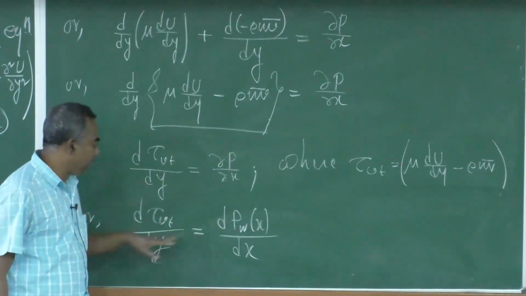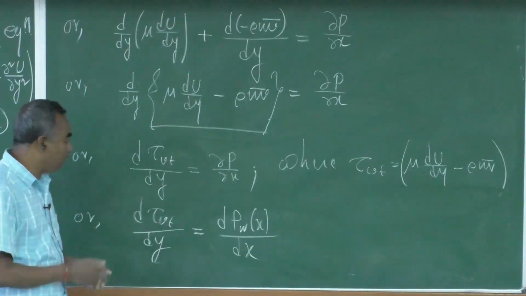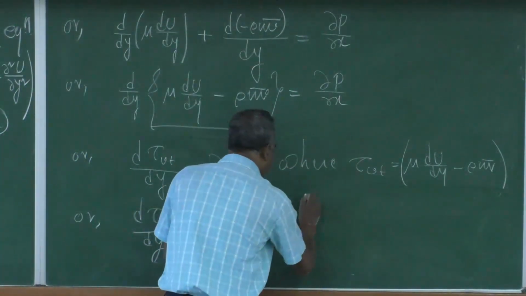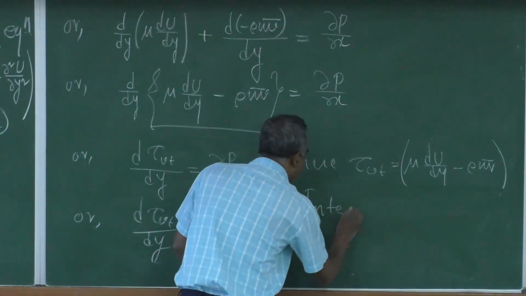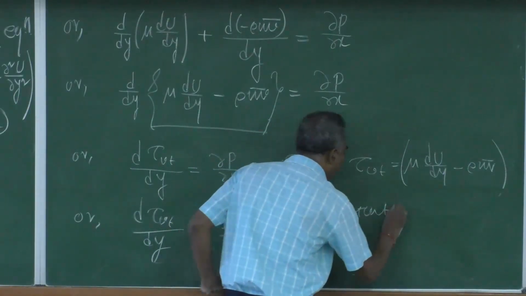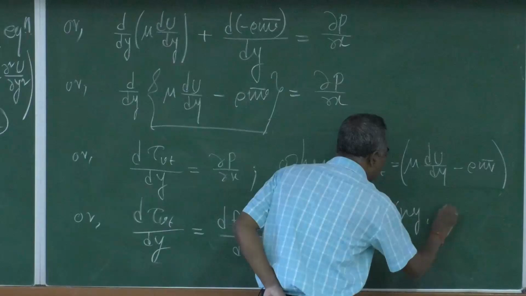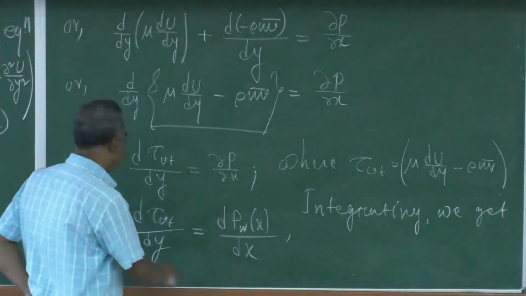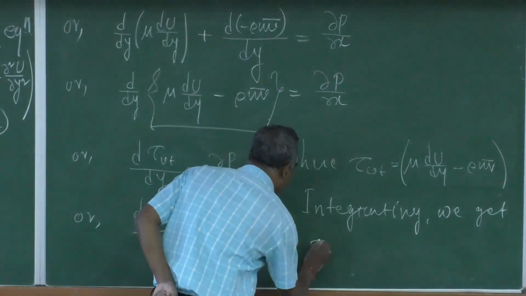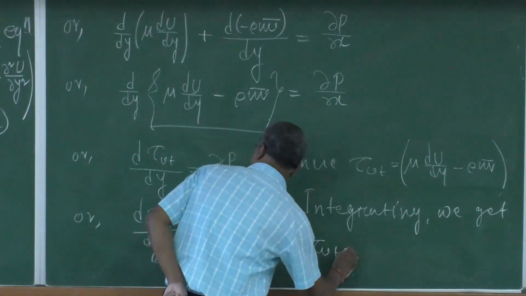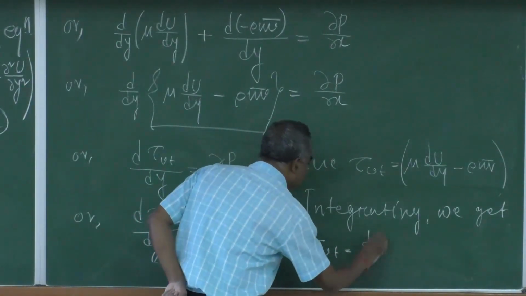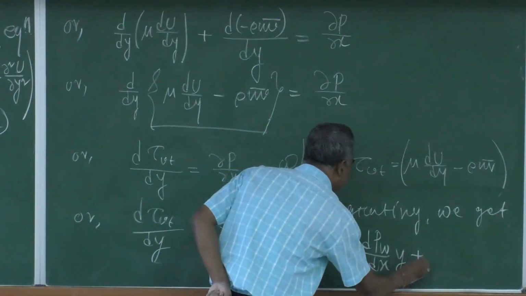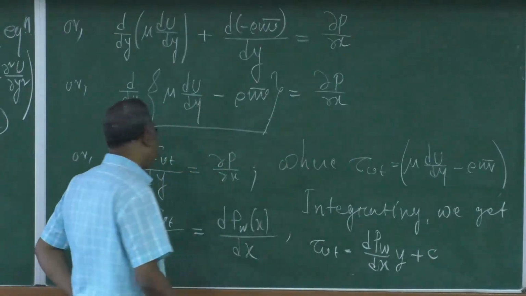So, if we integrate, we get tau_vt equals to dPw/dx times y plus some constant c.